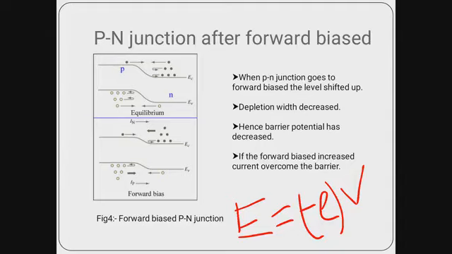Due to these reasons, the width of the depletion layer is reduced. If we compare these two structures, in the equilibrium case the width of the depletion layer is much larger as compared to the forward biased PN junction.